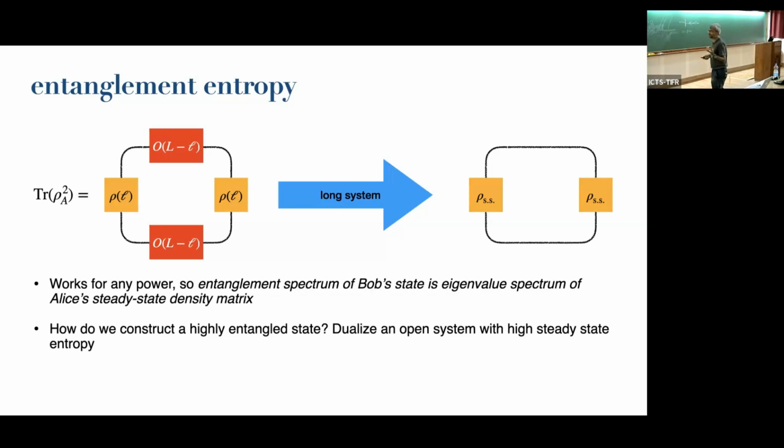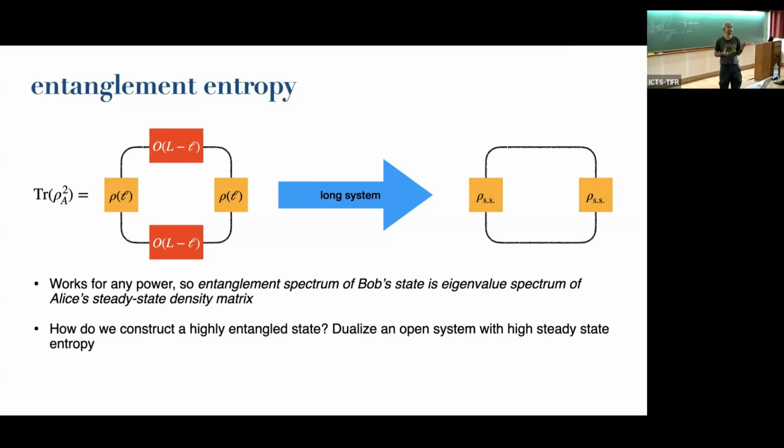And so you get this result that the entanglement properties of the MPS are precisely the steady state. The entanglement entropies of the MPS are precisely the entropies of the steady state density matrix of the corresponding quantum channel.